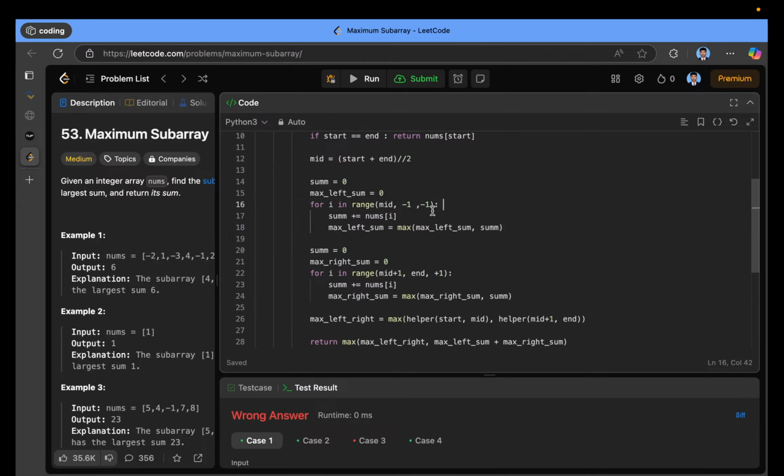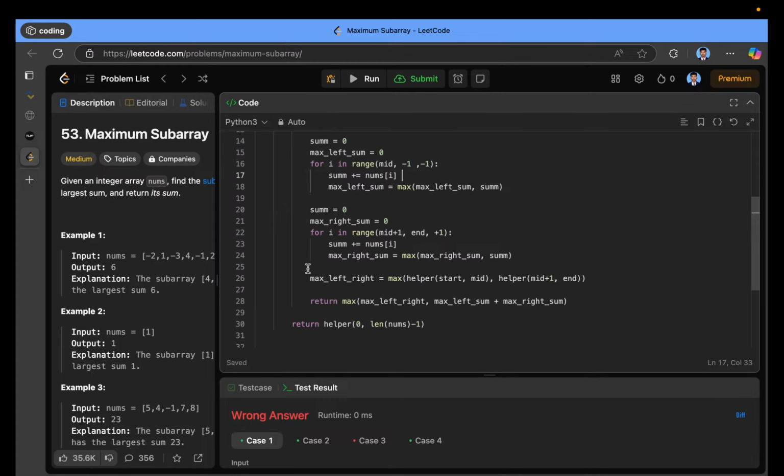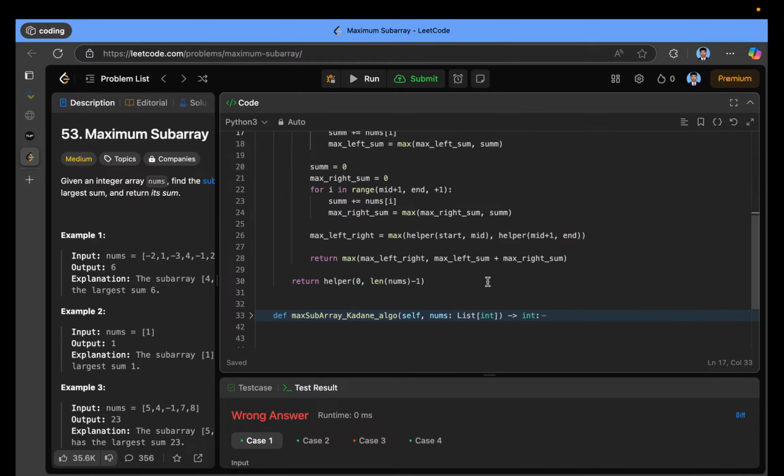Mid minus 1 minus 1, this is also right. Sum plus equals nums[i], max left sum is max of left sum and sum. The code is structured the way I want. Helper start to mid and mid plus 1 to end. Max left sum.